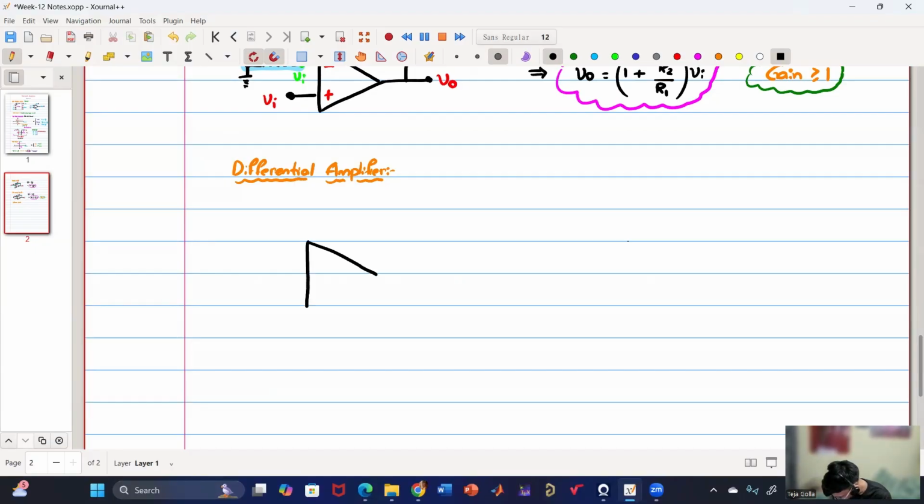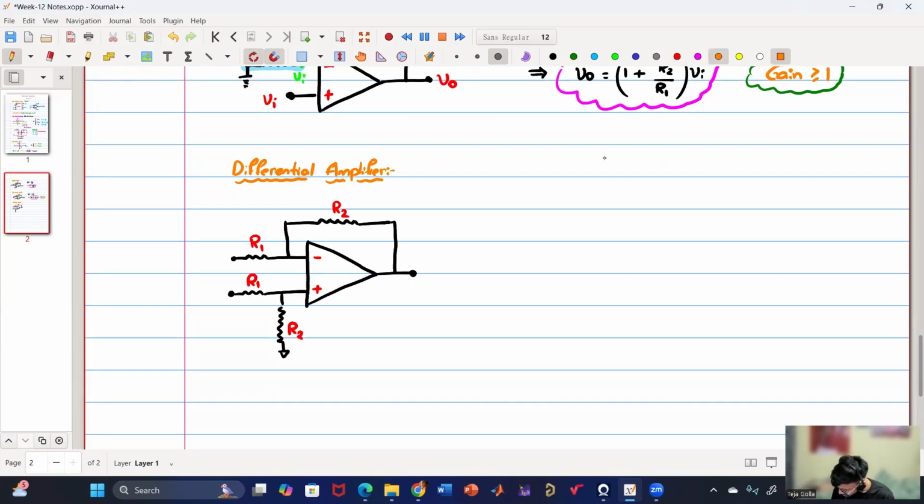So this is our op-amp. This is our minus, this is our plus, this is R1, this is R2, this is also R1, and this is R2.